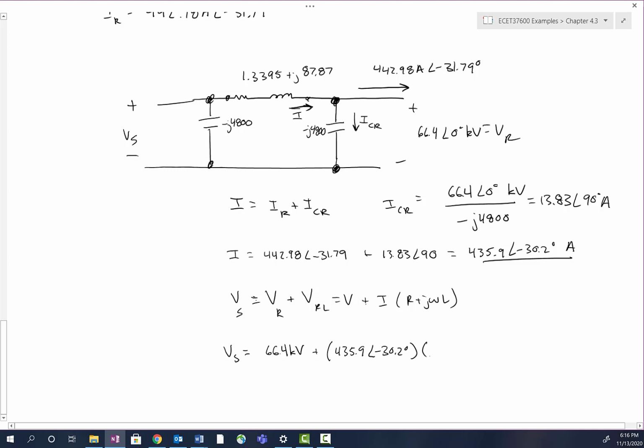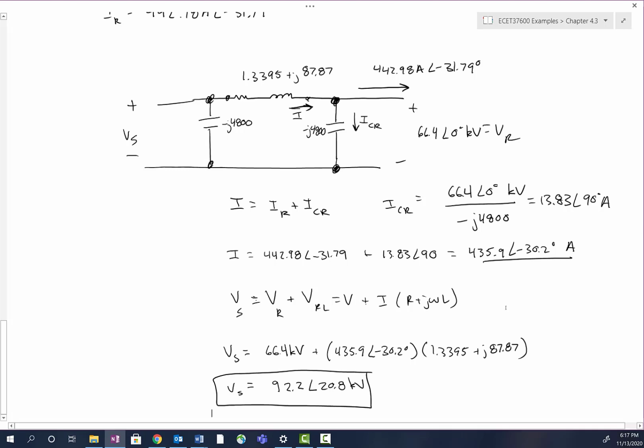And then I need to multiply by that series impedance, which was 1.3395 plus j87.87. So we get a VS equal to 92.2 at an angle of 20.8 kV is our input voltage for that one.